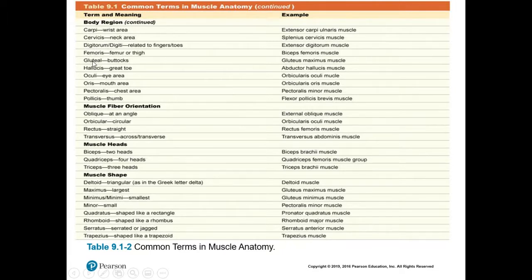Gluteal, obviously the buttocks. Keep in mind hallux, which is the toe. Oculi is the eyes, obviously. Oris, right? So we learned all these terms back in body regions, a few weeks ago. And we have orientation.